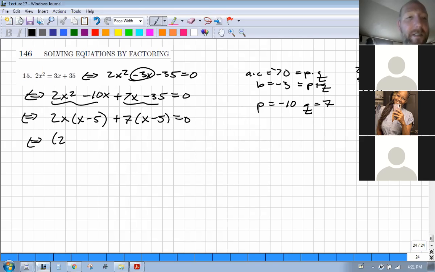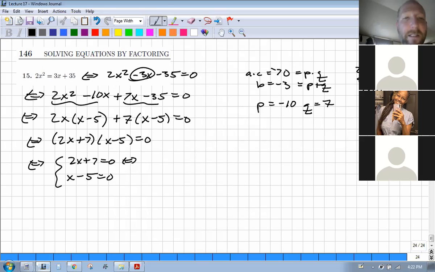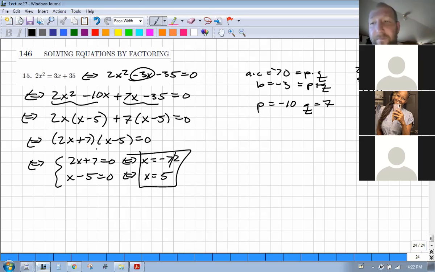So I got a 2x and a 7, both times x minus 5. So either 2x plus 7 is 0 or x minus 5 is 0. So either x is -7/2 or x is 5. And we have our two solutions.